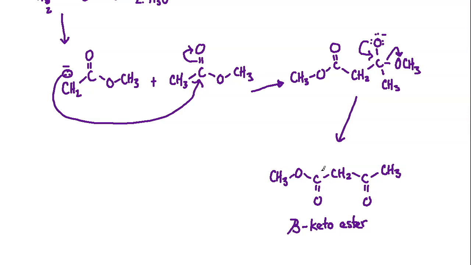Now here's the main reason why I need the H3O+. This is the final product right here, okay? But the final product, if you take a look at it, this alpha carbon is extremely acidic compared to the starting material because it's got resonance here and it also has resonance here.